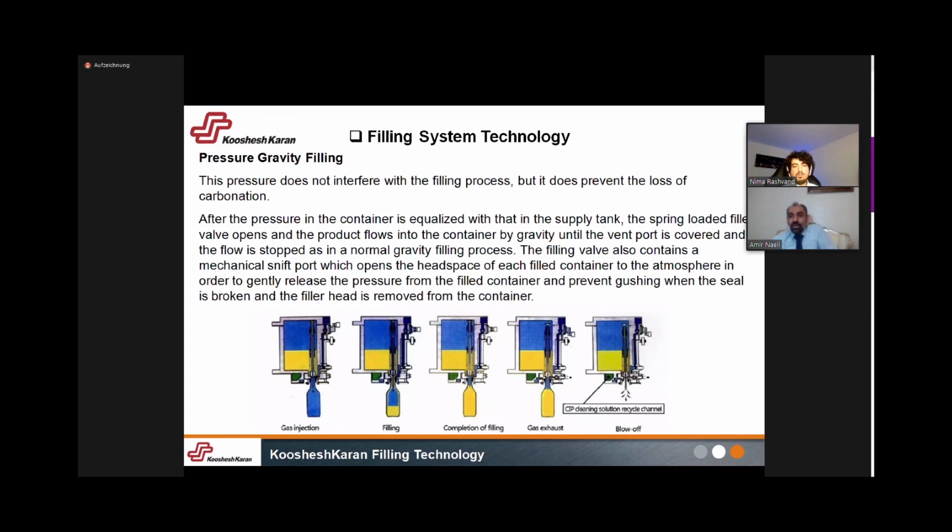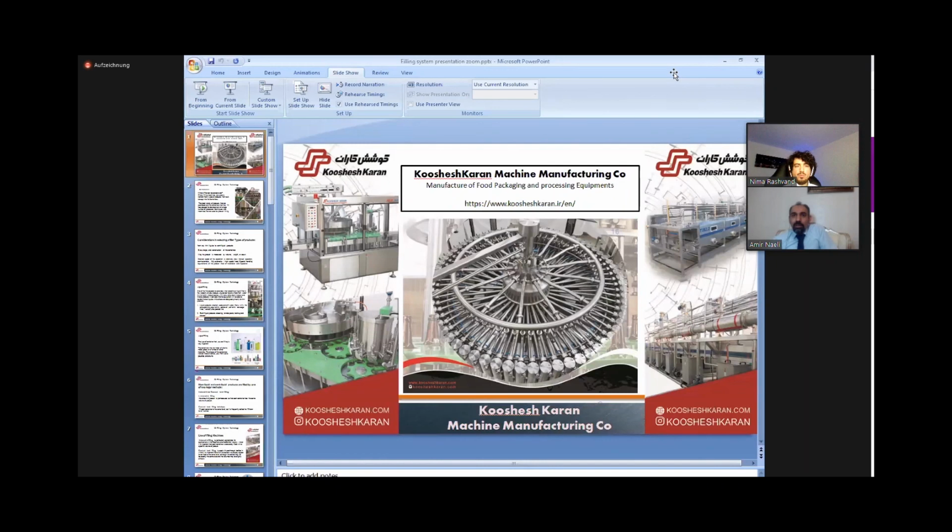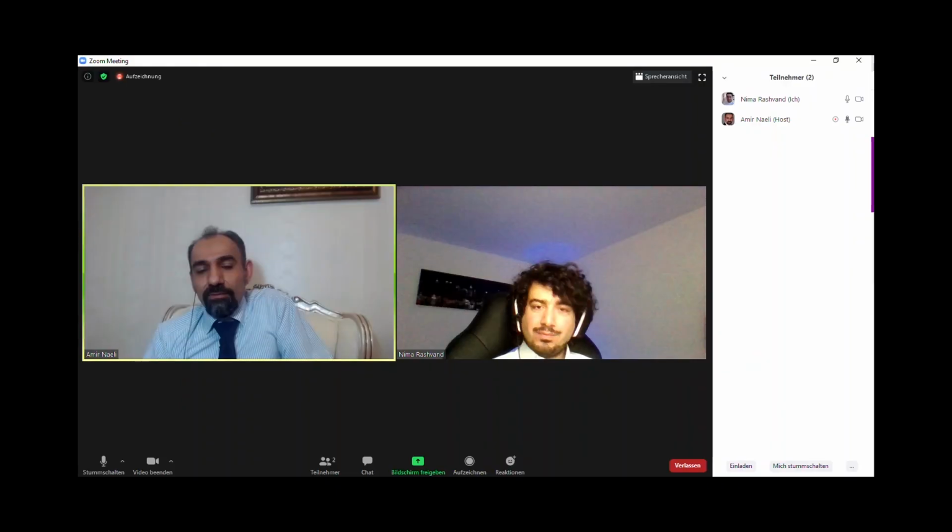There is a sniff port that opens the headspace of the filled container to the atmosphere. This is a different kind, a different model of filling liquid in a packaging line.